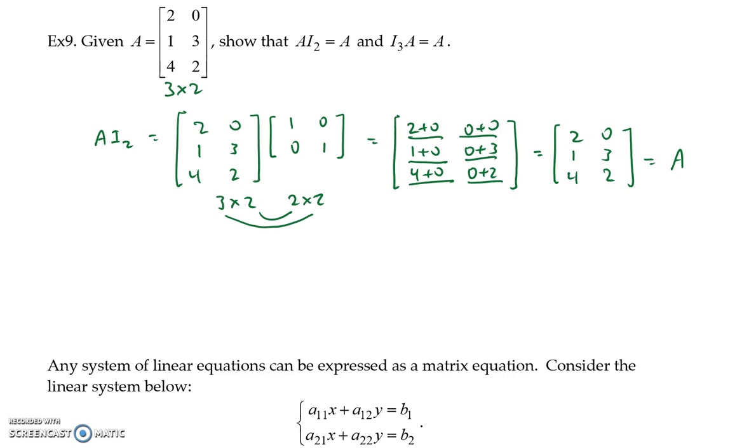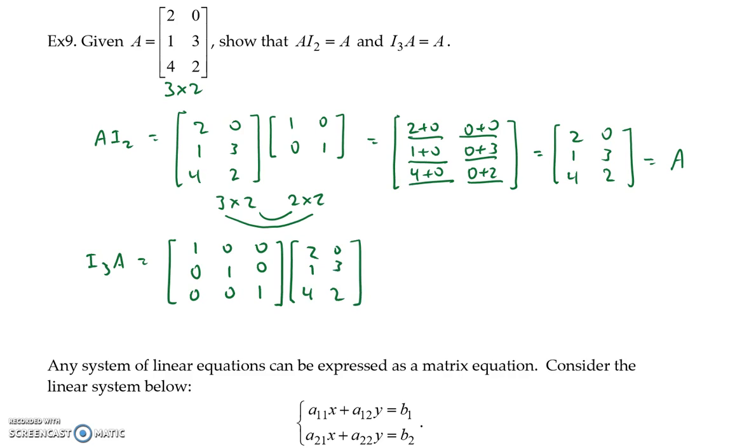All right, what if we do I3 times A? Here we're going to use the 3 by 3 identity, multiplying that by A again. The 3 by 3, of course, has 3 rows, 3 columns.